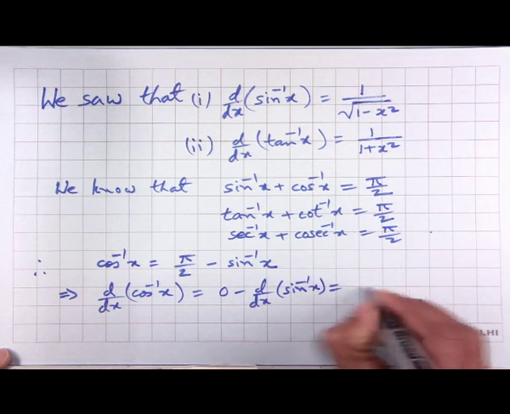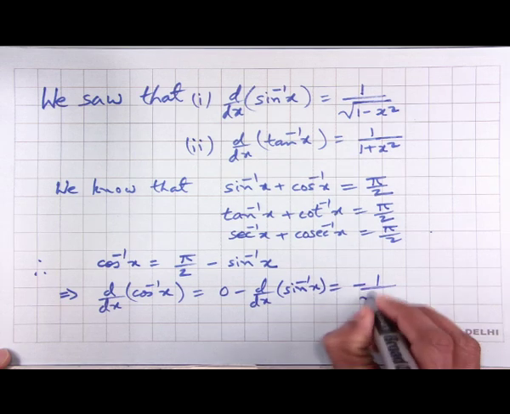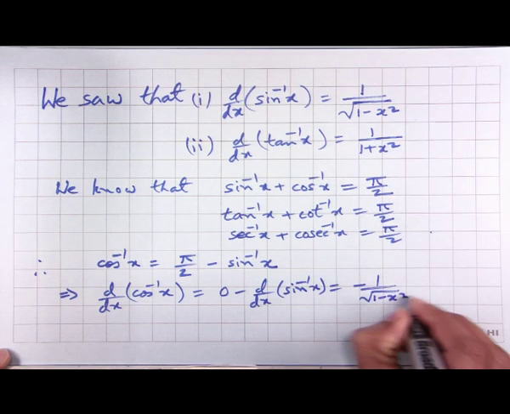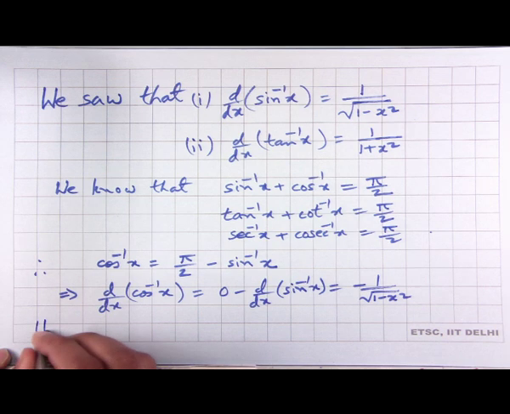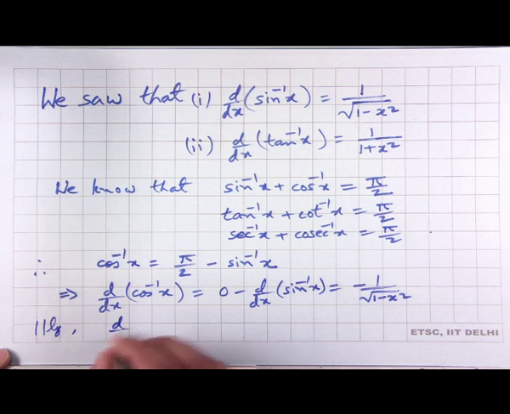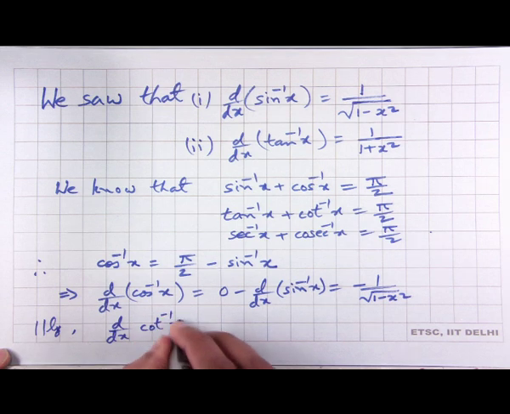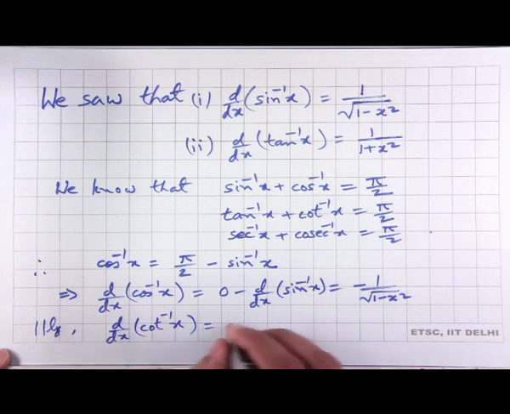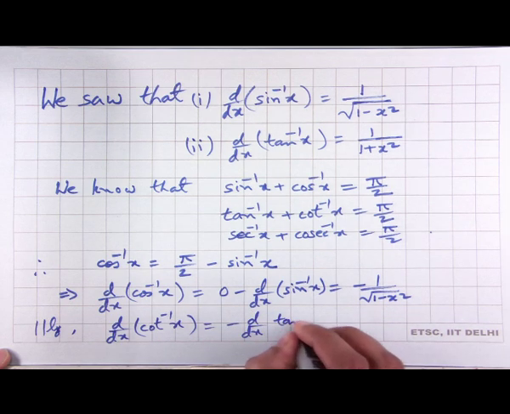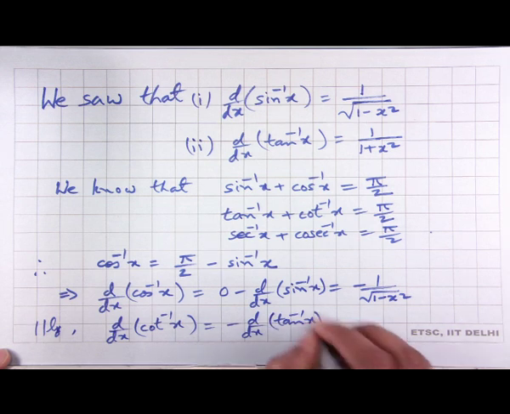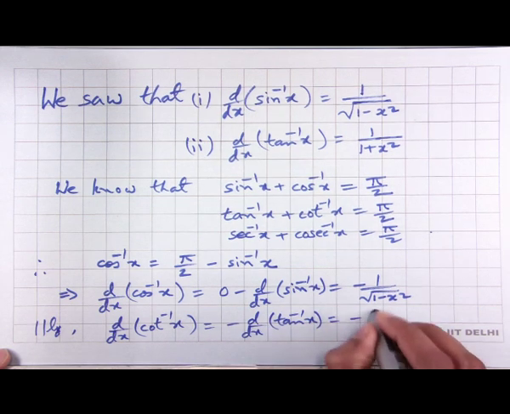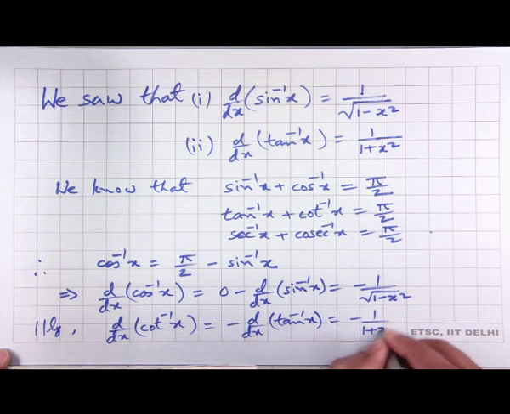So, we get minus 1 over square root of 1 minus x square, and similarly the derivative of cot inverse x is equal to minus of the derivative of tan inverse x, which is minus 1 over 1 plus x square.